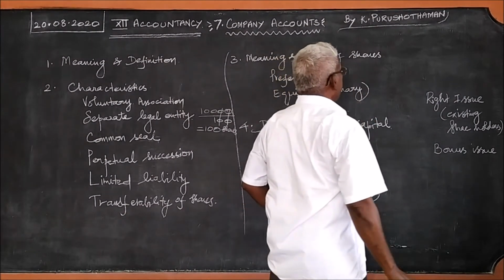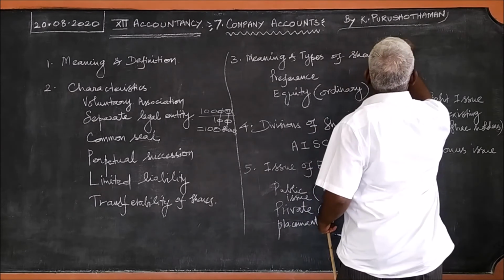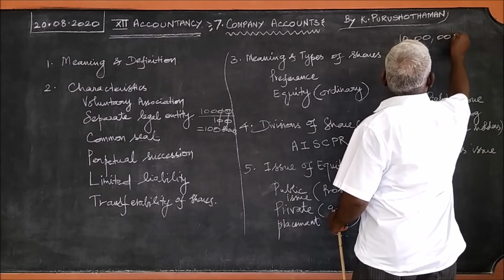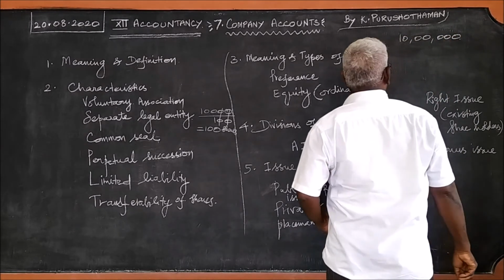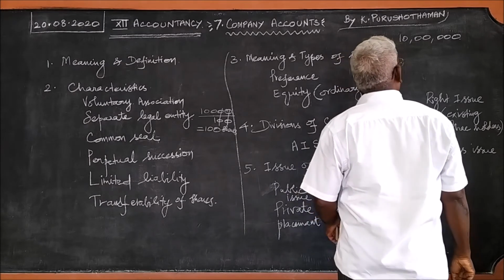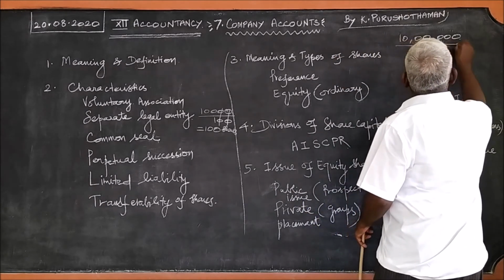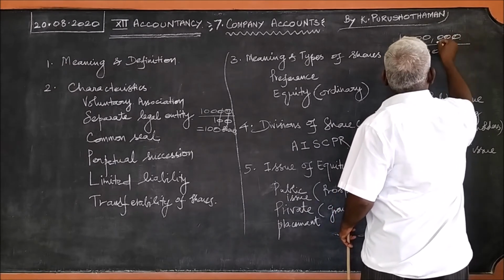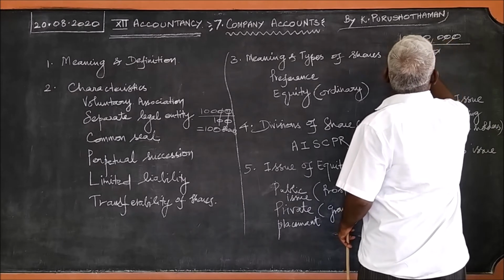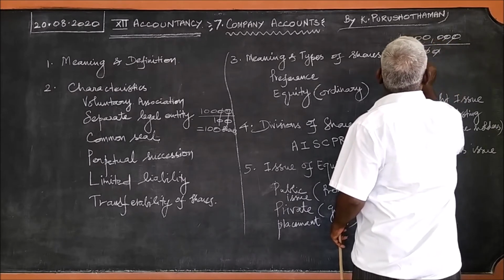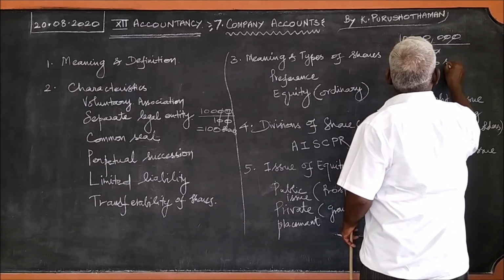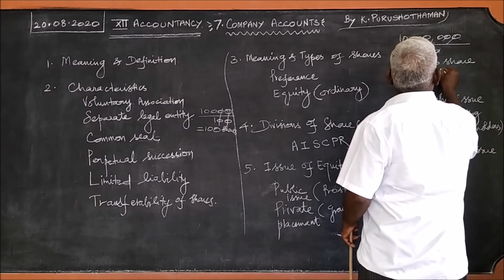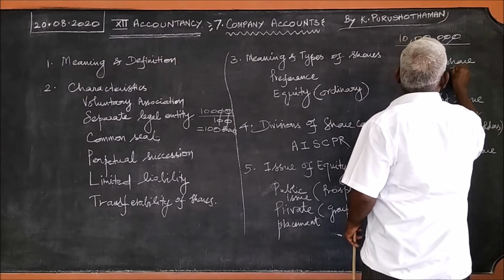Suppose a company requires some 10 lakhs rupees as capital, this need not be contributed by one person. If each share is rupees 100, then 10,000 shares, each at the rate of rupees 100.